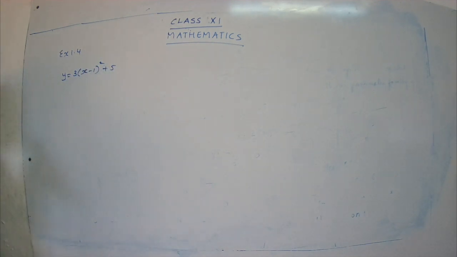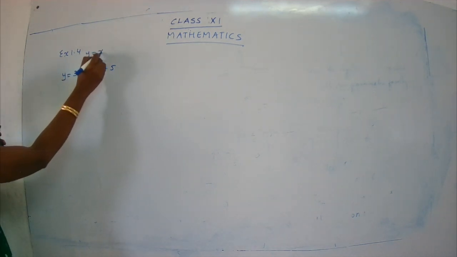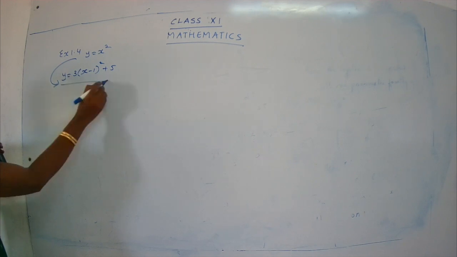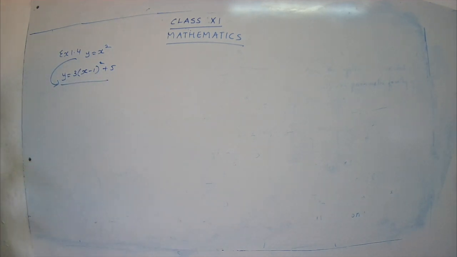Now the question is we have to write the steps involved to change y is equal to x square into y is equal to 3(x minus 1) the whole square plus 5.